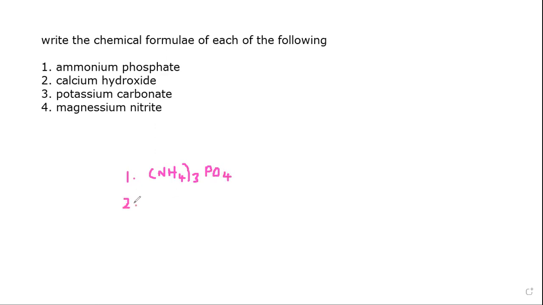The second one is supposed to get Ca(OH)2. Then the third one is supposed to get K2CO3.